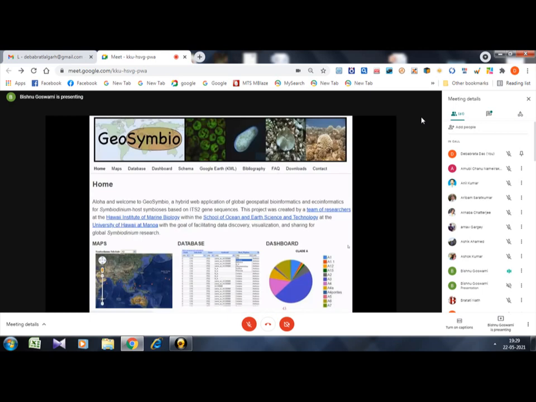This is one of the portals, Geosymbio. It's a hybrid web application and global geospatial bioinformatics and ecoinformatics portal for host symbiosis based on genetic sequence. This is one example of a website where you can have this type of synthesis between biology, maps, and even genetics.